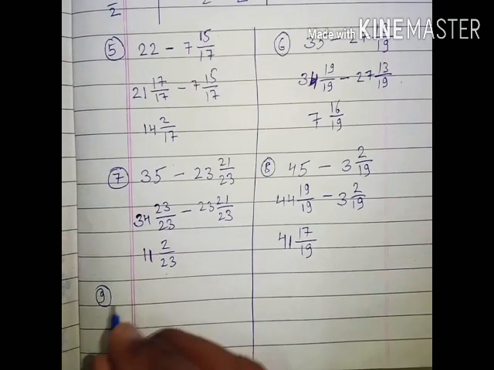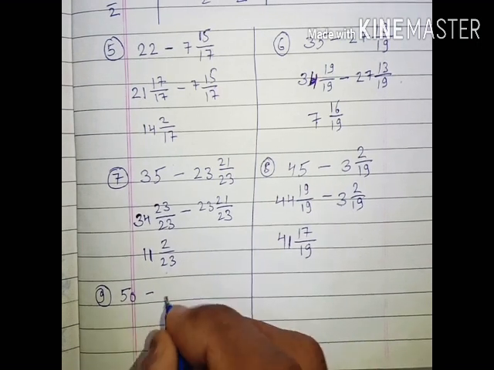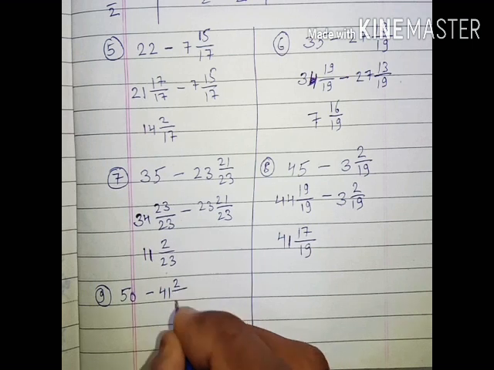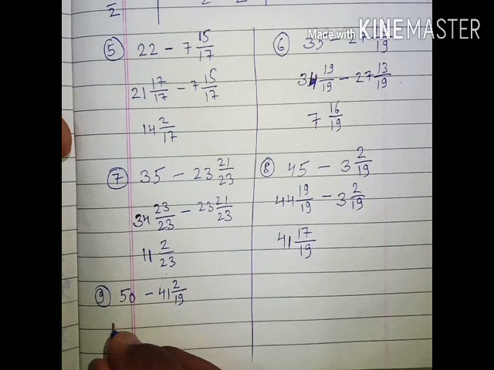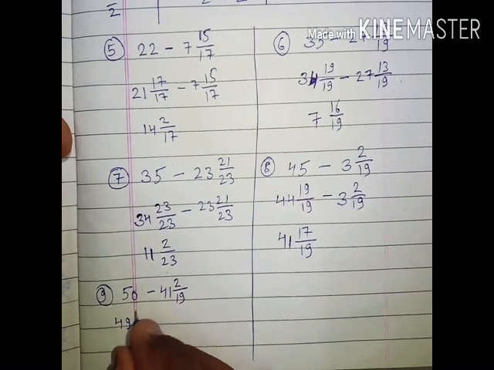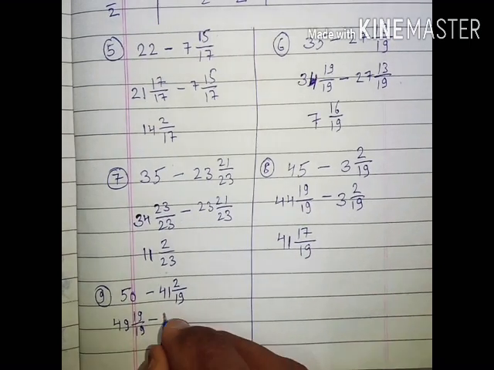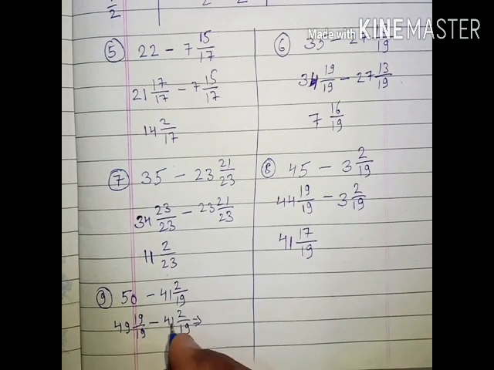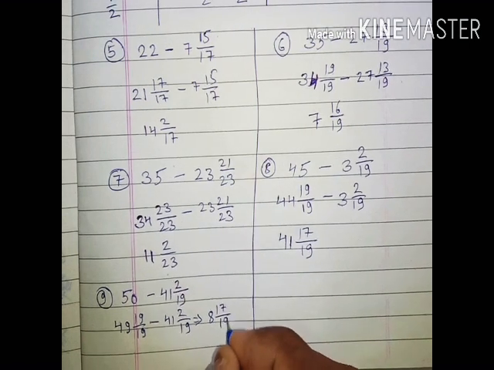One more question. We have to subtract 41 2 by 19 from 50. So we can write 49 19 upon 19, and from this we can subtract 41 2 by 19. 49 minus 41, the answer will be 8. 19 minus 2, the answer will be 17 upon 19.